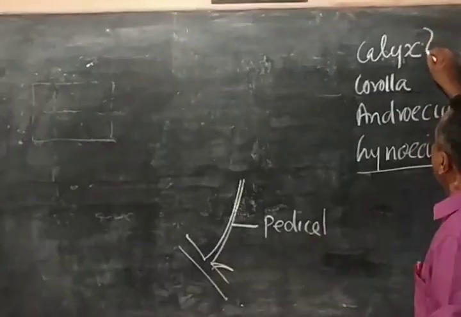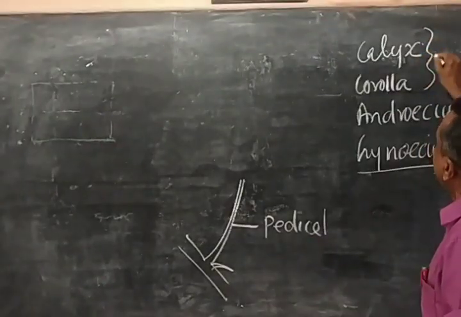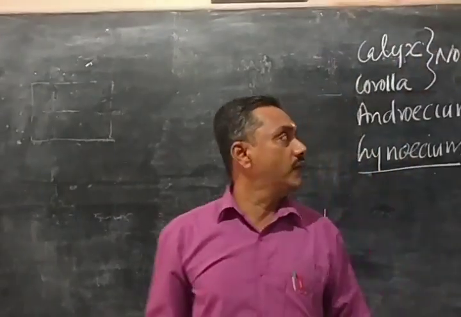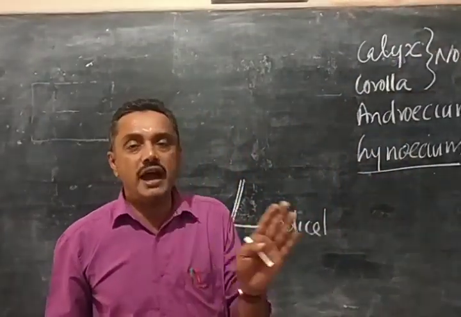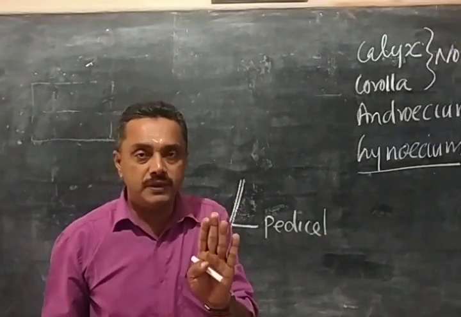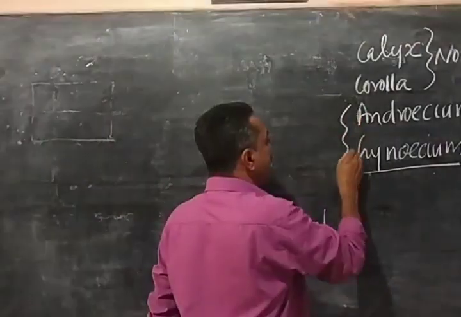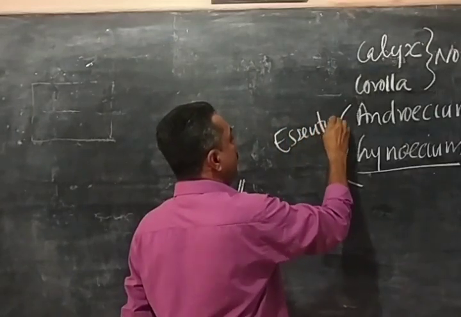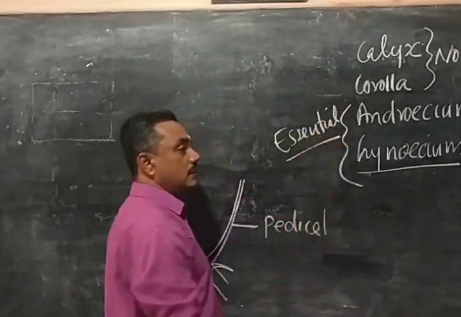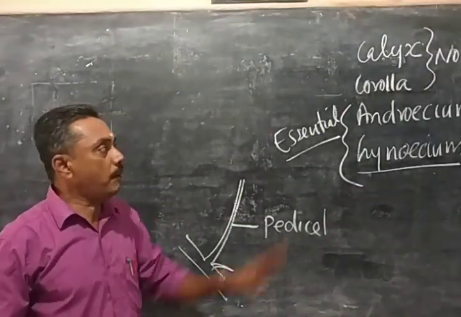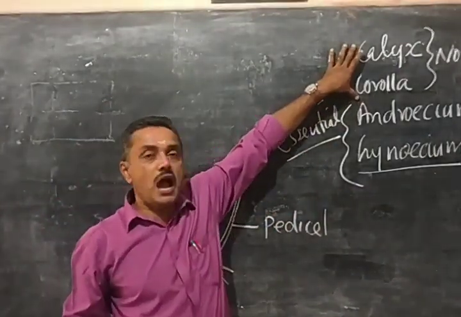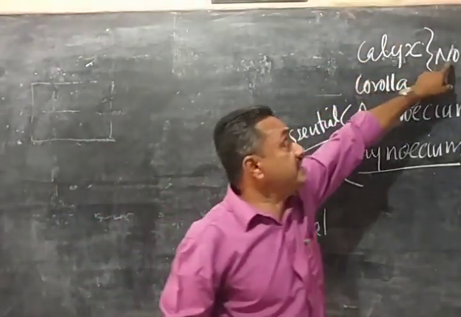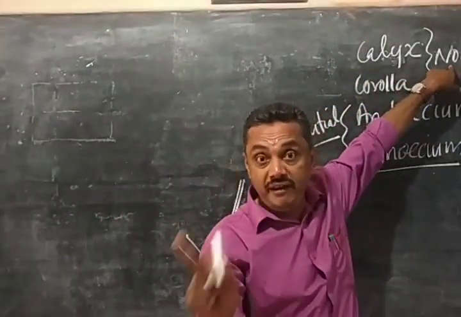Calyx and corolla are called non-essential parts of the flower, because they are not directly related to reproduction. And these two, androecium and gynoecium, are called essential parts of the flower. Totally 4 parts are there. The outermost parts are called calyx and corolla. They are called non-essential, not so important.